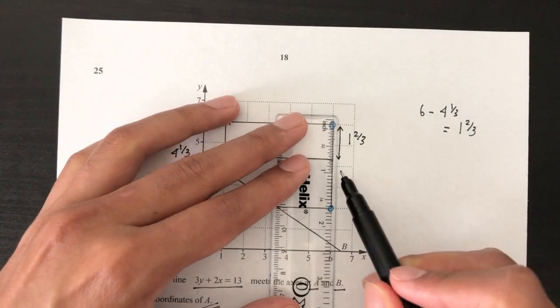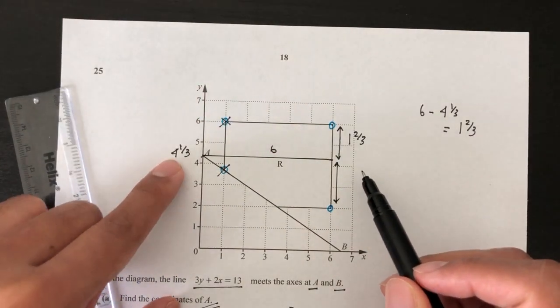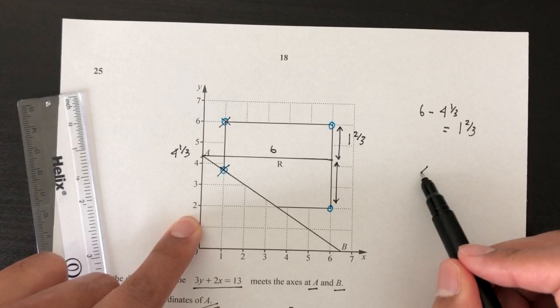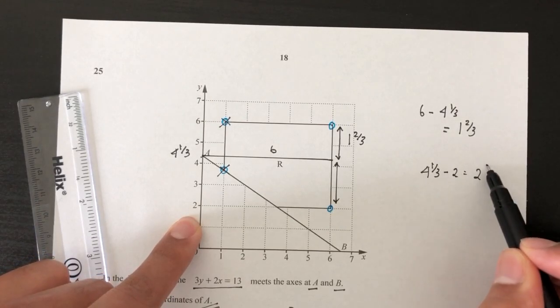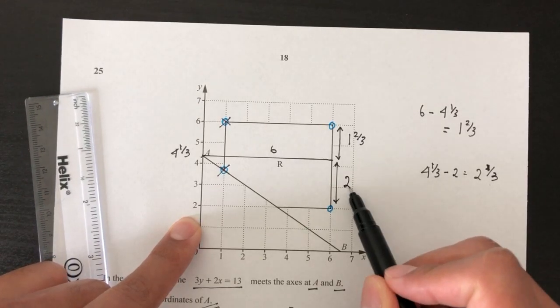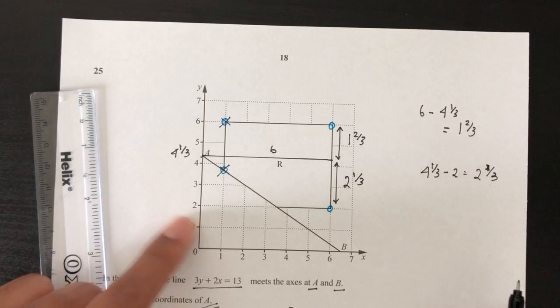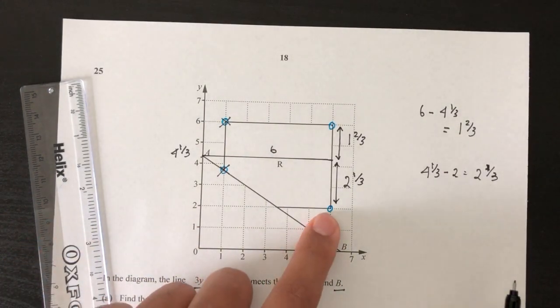How about this one? This one is 4 1/3. This is 2. So 4 1/3 minus 2. That should be 2 1/3. So this is 2 1/3. Now by observation, which point is further away?